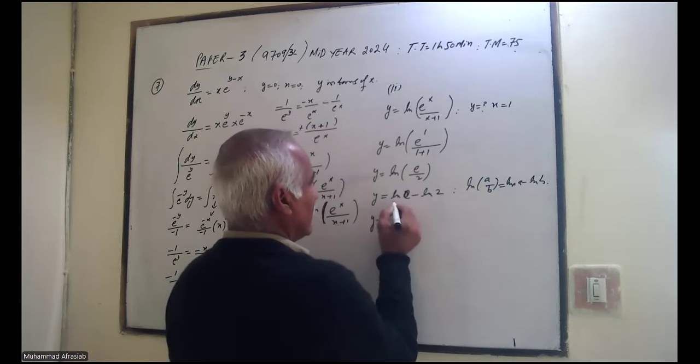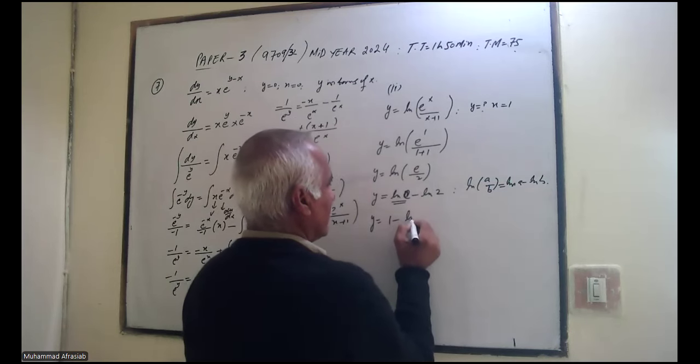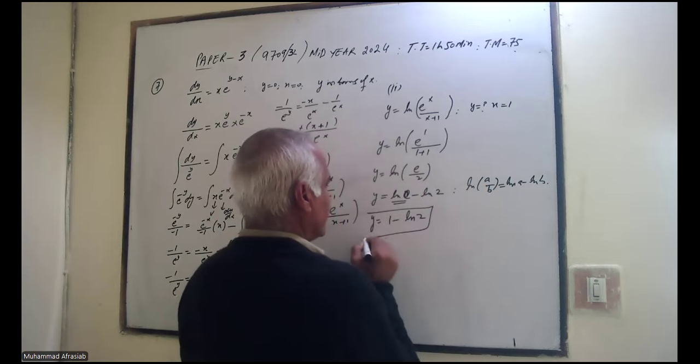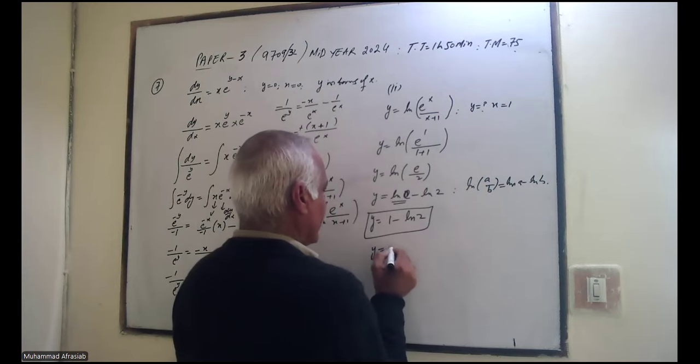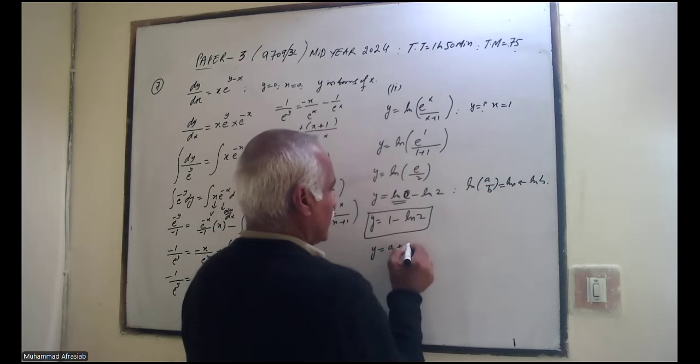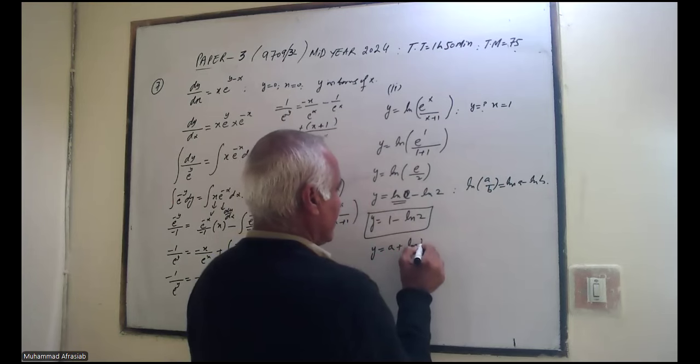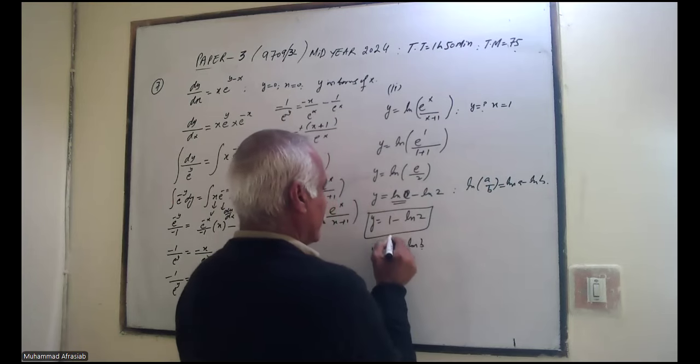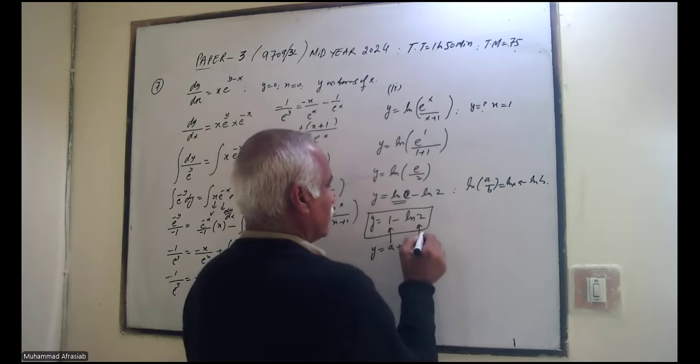So y is equal to ln e, which is 1, minus ln 2, which is in the form of a plus ln b form there. So a is equal to 1 and b is equal to 2 there.